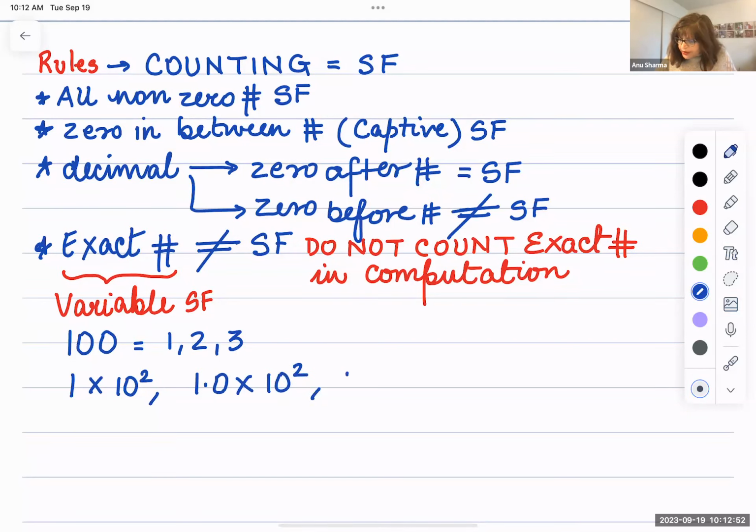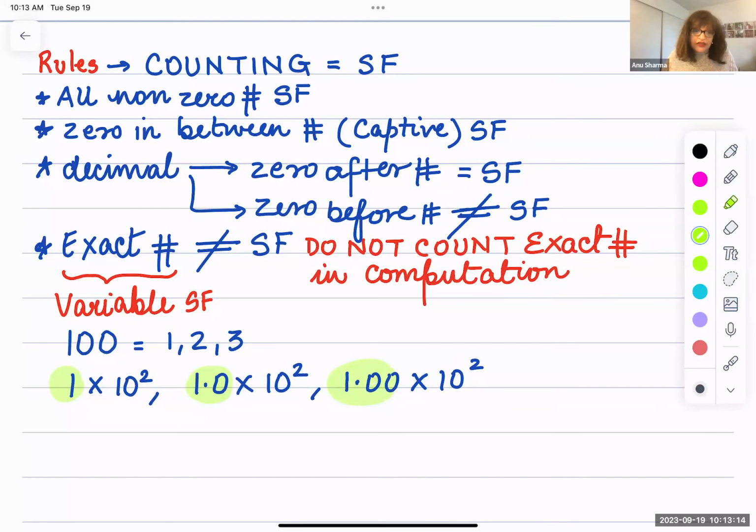And 100 can also be written as 1.00 times 10 to the power 2. You see that? So it depends on how much sensitivity there is in the calculation and who's doing the calculation. Sometimes you just need that one. Sometimes you need one place after the decimal, sometimes two places after the decimal to be more sensitive. Remember, the more places after the decimal, the more sensitive the calculation is. Do you get that, everyone?